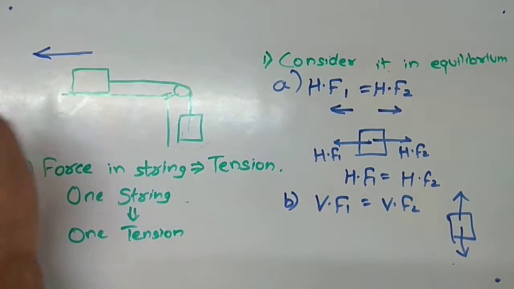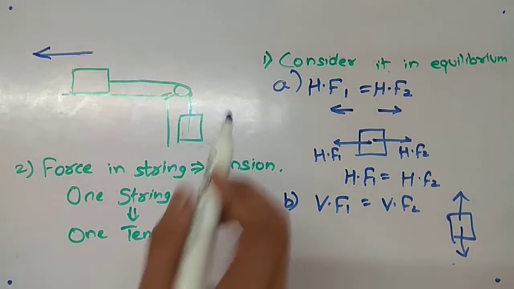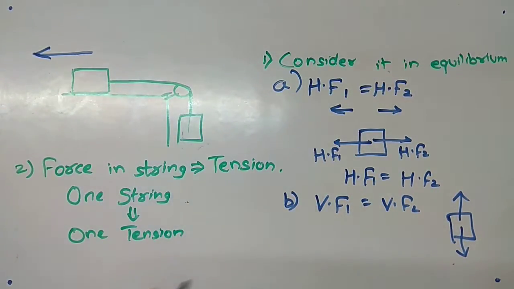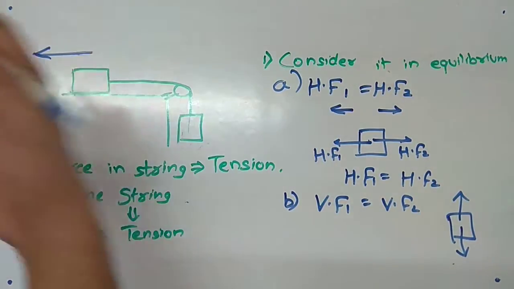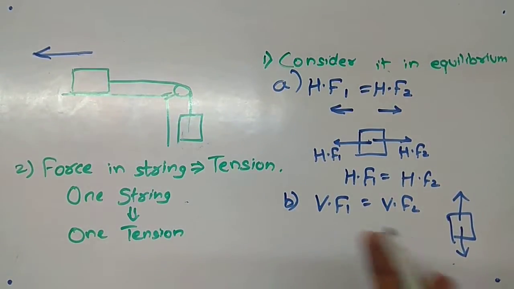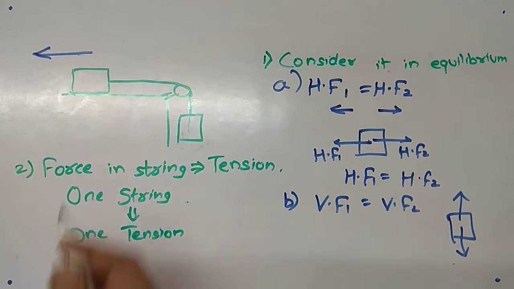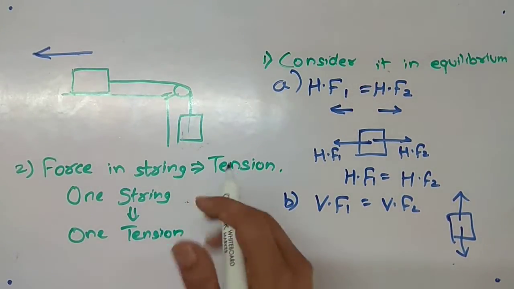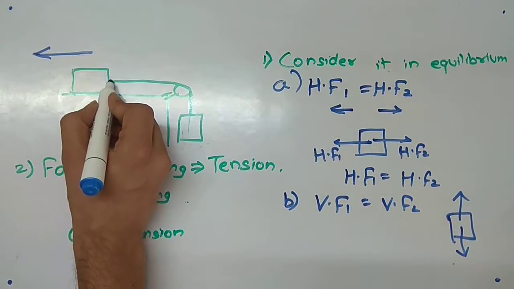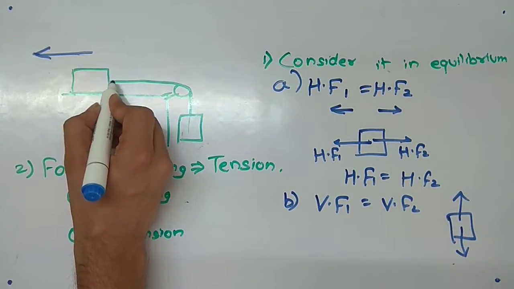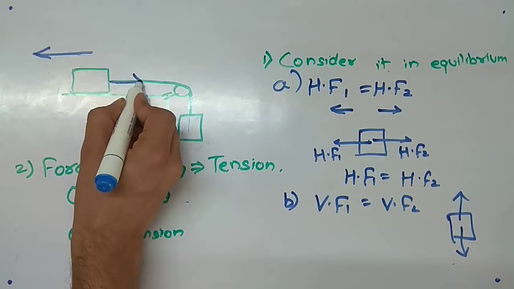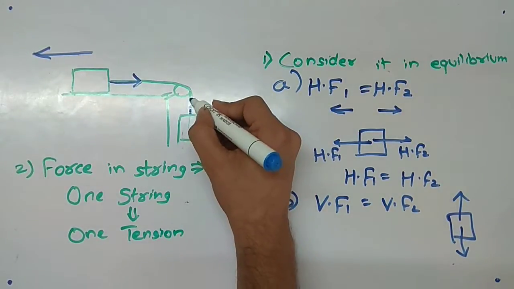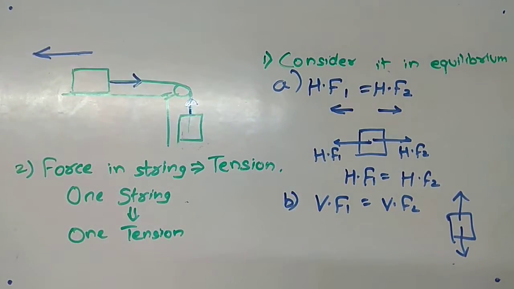This object is moving backward, suppose, by any force. You must be thinking how this object can move backward. So I'm just saying, just imagine. And what we have told, that tension is always directed away from the object. So this is the object, so tension should always be directed away from it. Same here, tension should always be directed away from it.